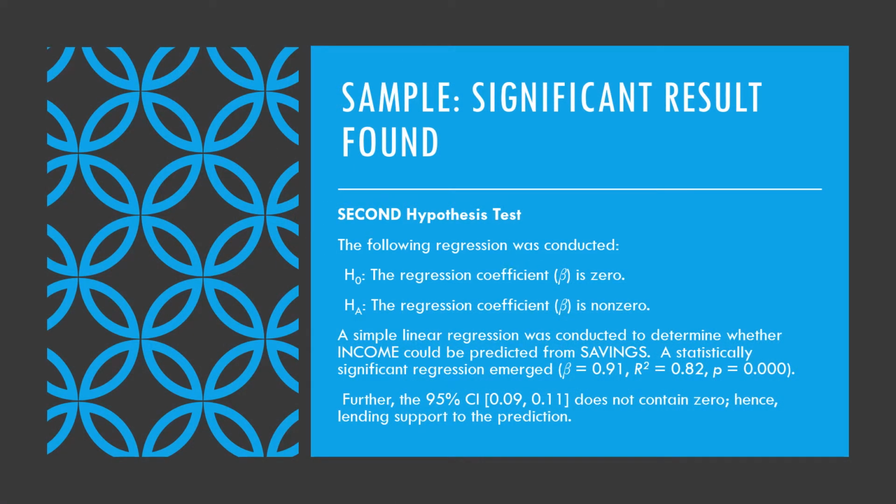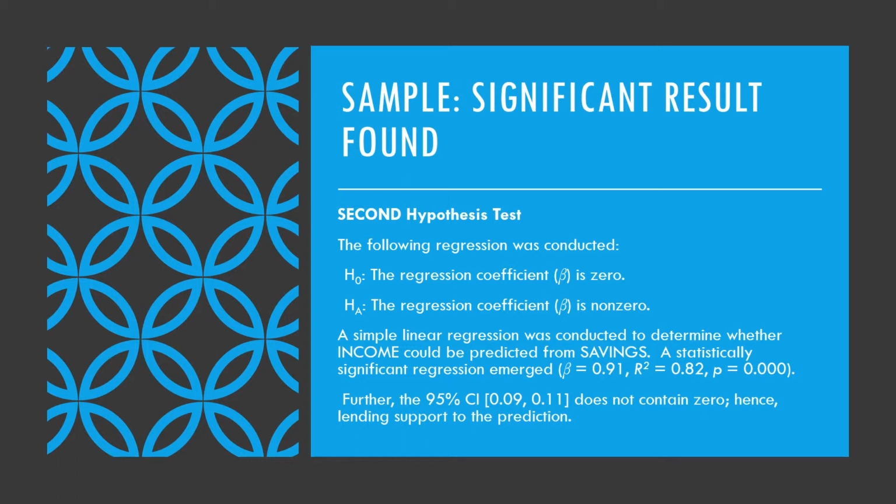So in our APA answer here, we see a significant result found because a simple linear regression was conducted to determine whether income could be predicted from savings. A statistically significant regression emerged: beta equals 0.91, R squared equals 0.82, p equals 0.00.